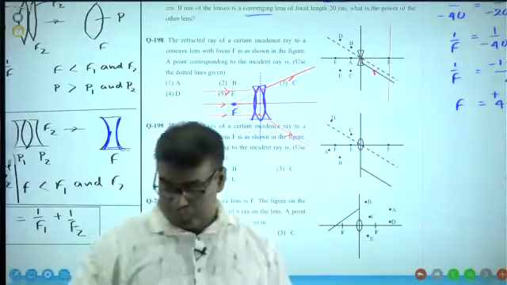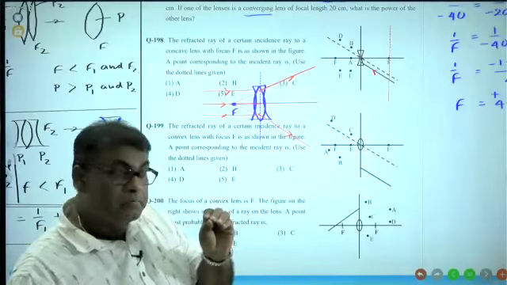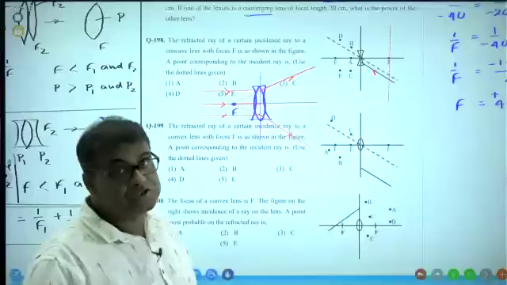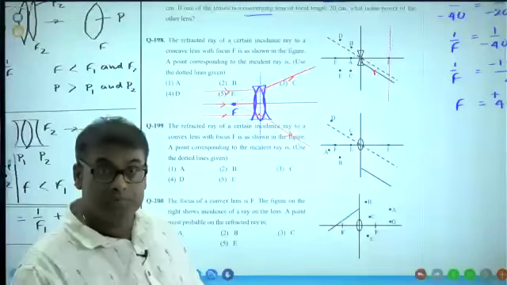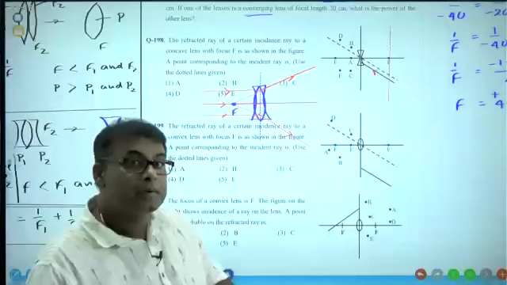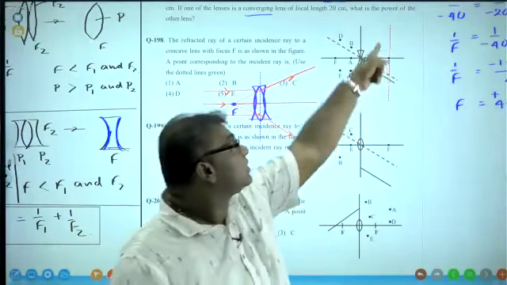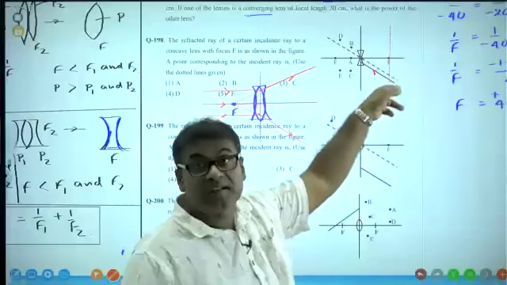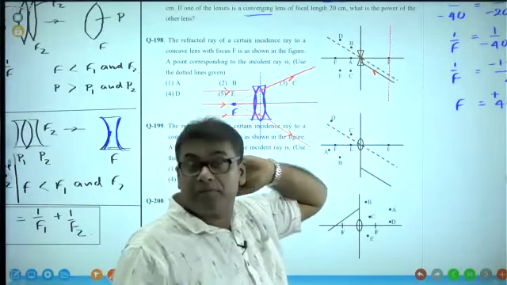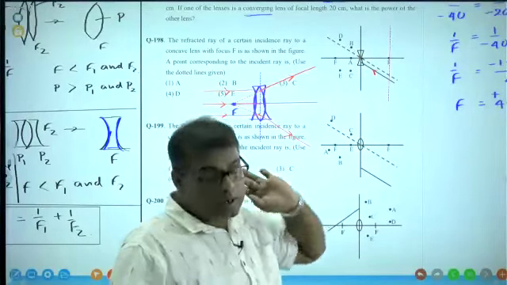Say it again: if the light rays are not parallel to the principal axis, but they are parallel to each other, they will diverge from a point on the optical line across the focus, like this focal plane. These two light rays should diverge from a point on the focal plane.